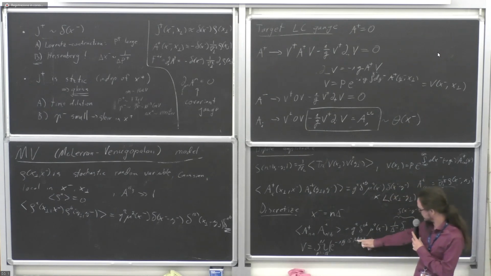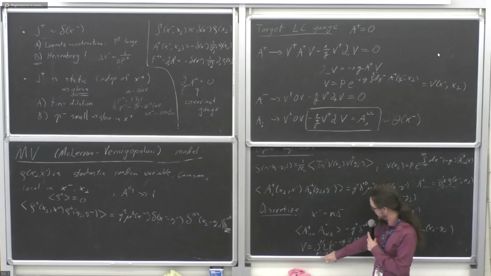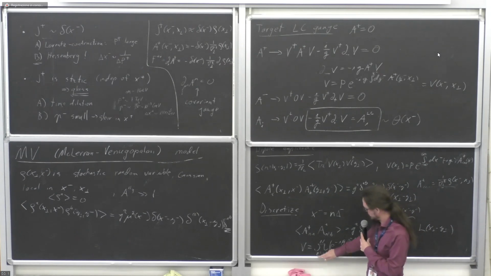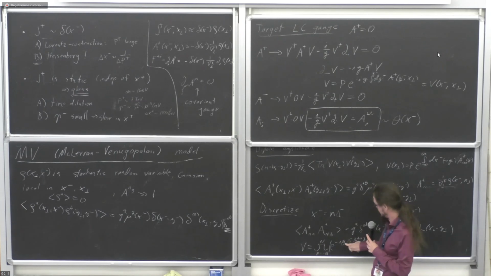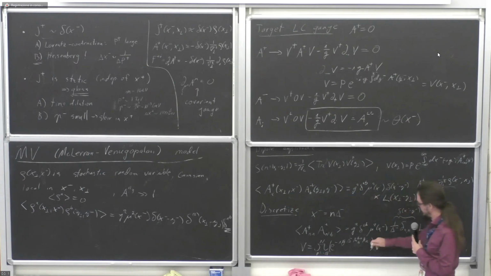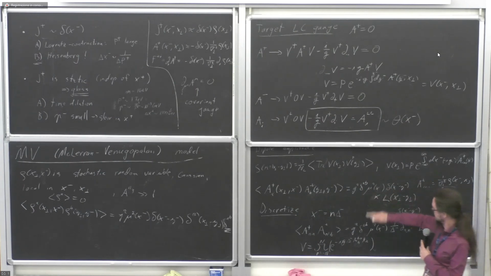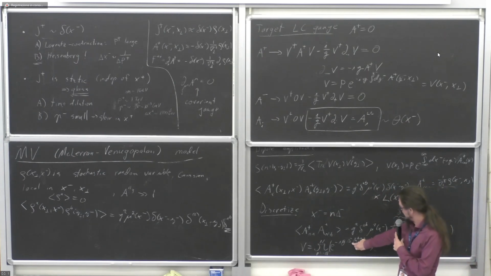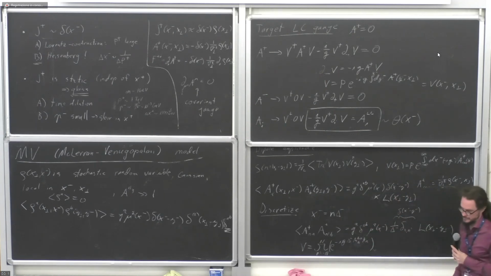So this is a color matrix. I wrote out the color structure. V is an infinite ordered product. I'm going to be taking this capital N to infinity and this delta minus to 0. And then for these discretized A's, I have this two-point function.